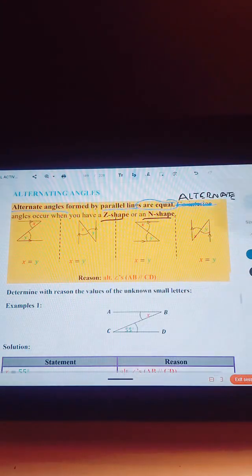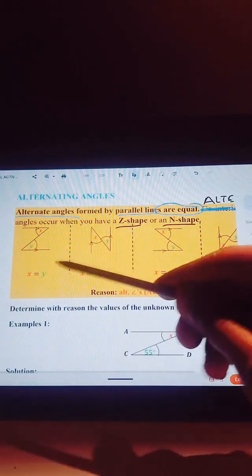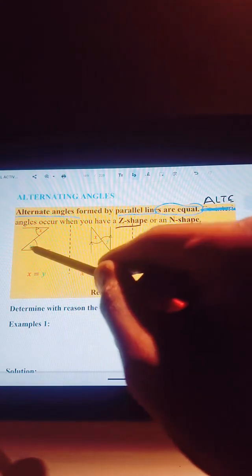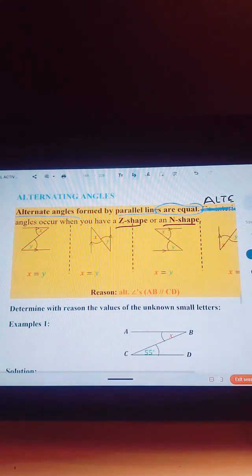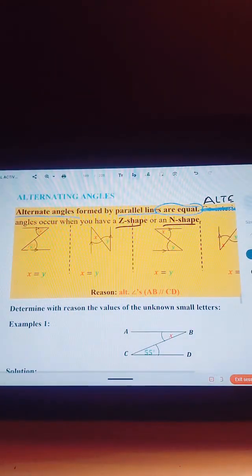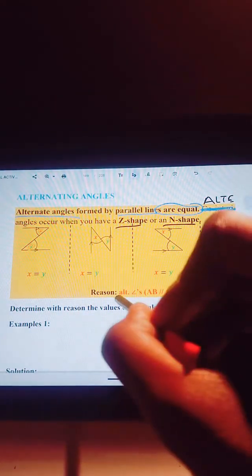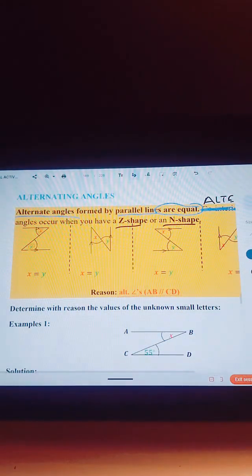So if you look at this example at the beginning, this is a Z shape. This line is parallel to that one. This angle is equal to that angle. Okay, we say x is equal to y. Here is the reason, alt angles.